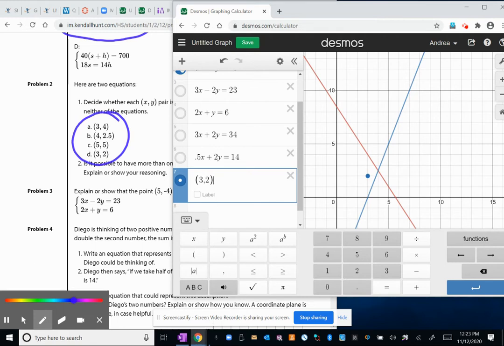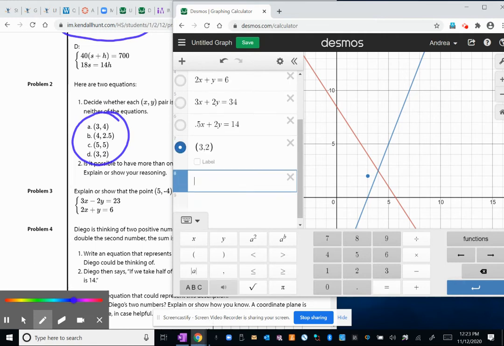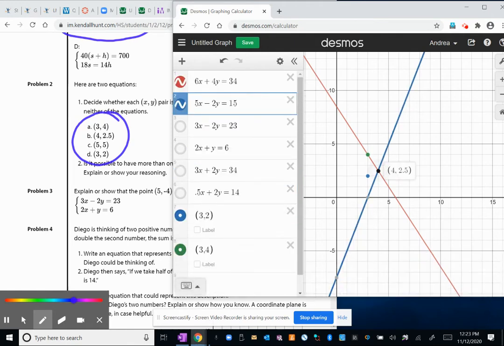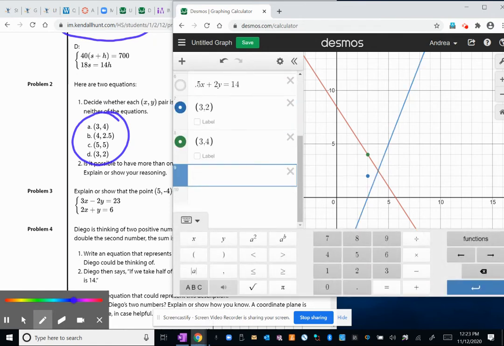So just to wrap that up, the point 3,4 was just on the first equation. The point 2.5, 4 was this one, which is the solution, so both. The point 5,5 is just on the second, so it's just a solution to the second equation, and the point 3,2 is not a solution to either one of them.